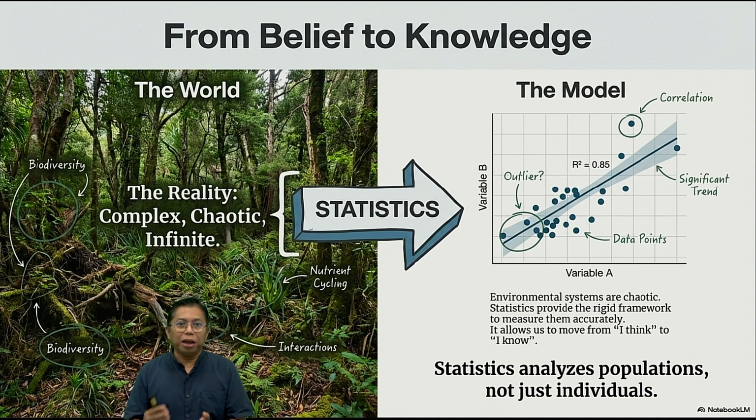By creating models and analyzing populations rather than just individual points, we find the signal within the noise. So we use statistics to provide the rigid framework we need to measure chaotic environmental systems accurately.